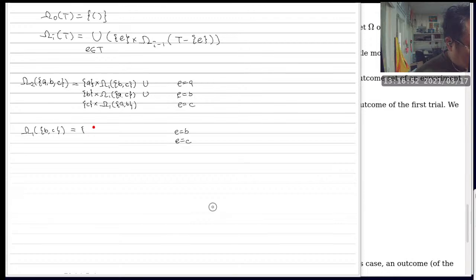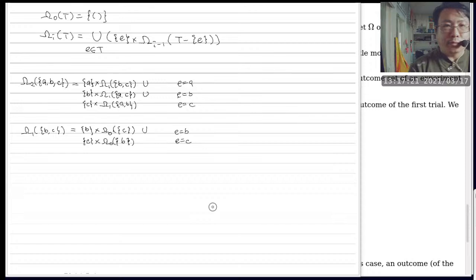Now we say e is B, and then Cartesian product with omega 0 of whatever is left. B is taken, so it's C. It doesn't really matter at this point, but we'll see. So this is C Cartesian product with omega 0, and what is left is B in this case.